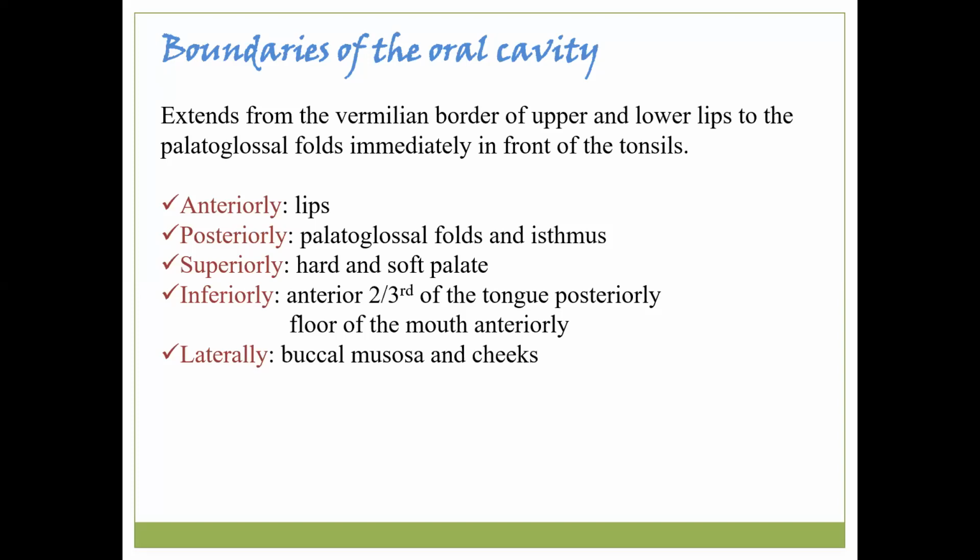You can see that in a different color, and you can feel it when you touch your lip. That is called the vermilion border. So the oral cavity extends from that vermilion border to the palatoglossal folds immediately in front of the tonsils.